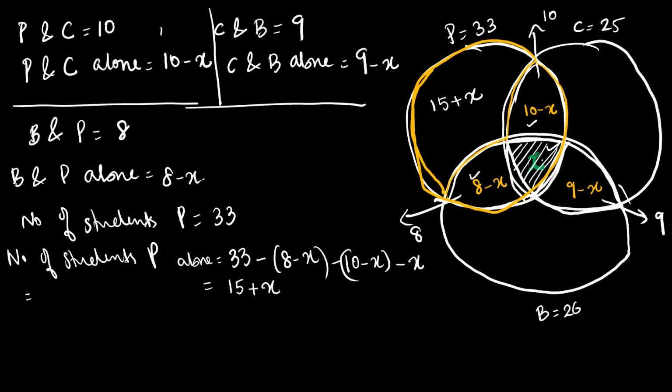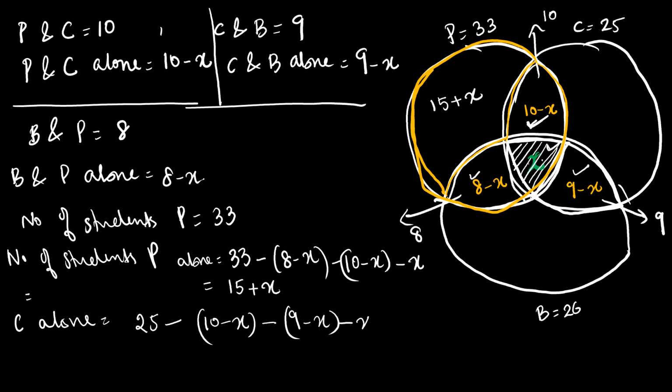Now next portion, that is the students studying chemistry alone, would be the total students studying chemistry, that is 25, minus this portion, that is 10 minus x, then x, then 9 minus x. 25 minus 10 minus x minus 9 minus x minus x, that is this total 25 minus these three portions.